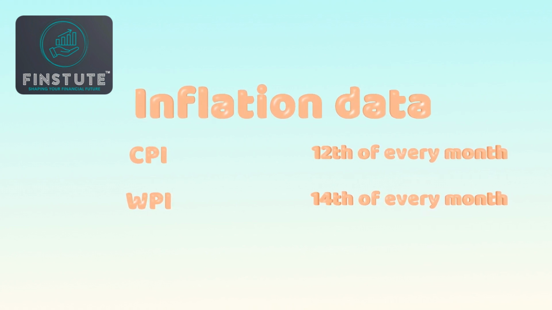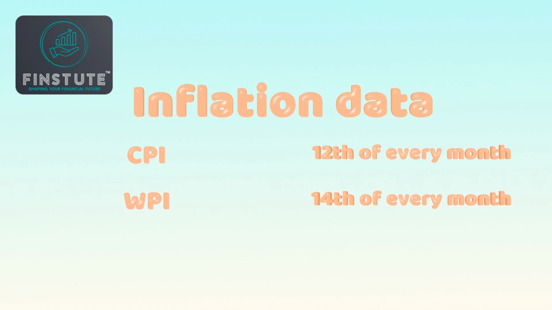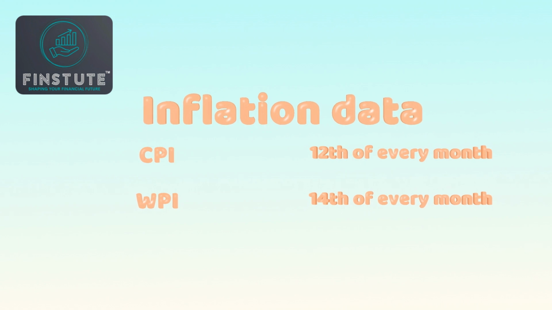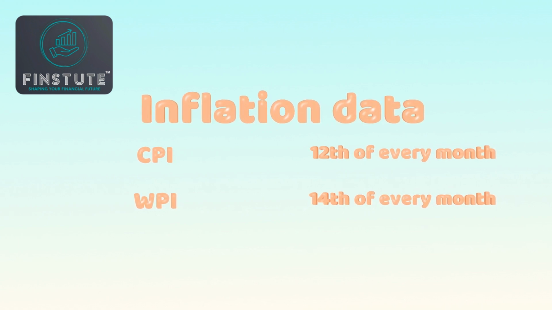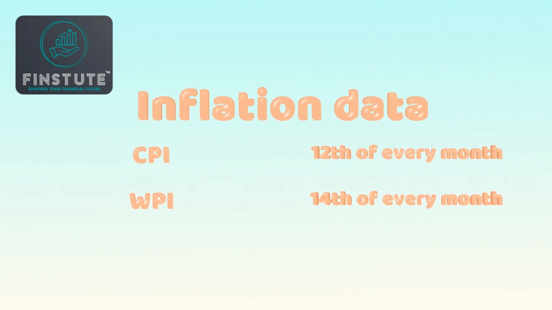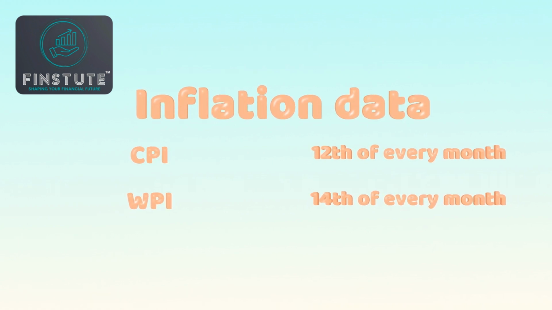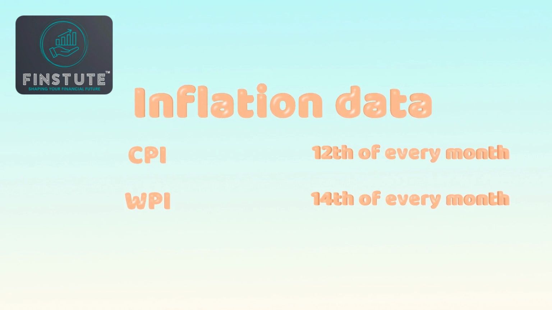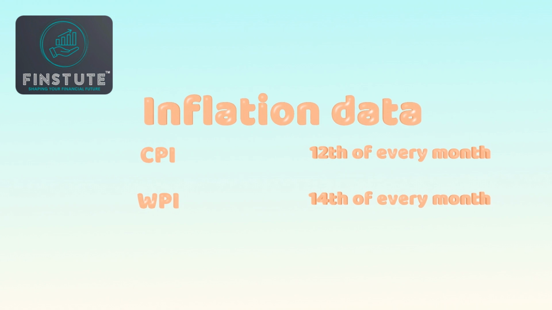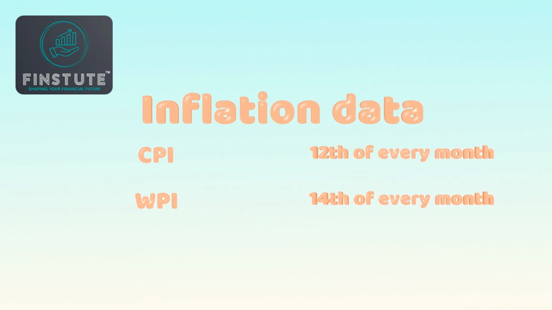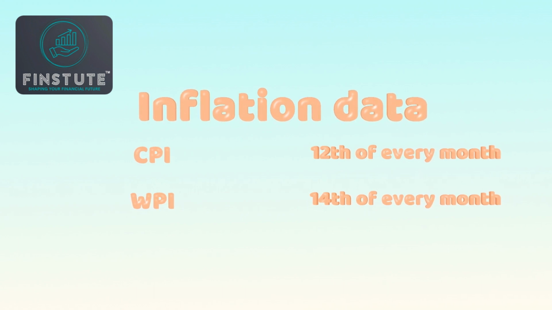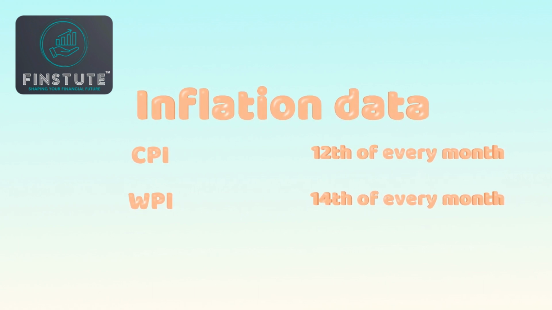As of today, the CPI data of a month is released on the 12th of the subsequent month and the WPI data on the 14th of the subsequent month. So, if the government releases CPI as 6% during February, that is the data of January, it means that the prices of goods and services have increased by 6% from January previous year to January this year.